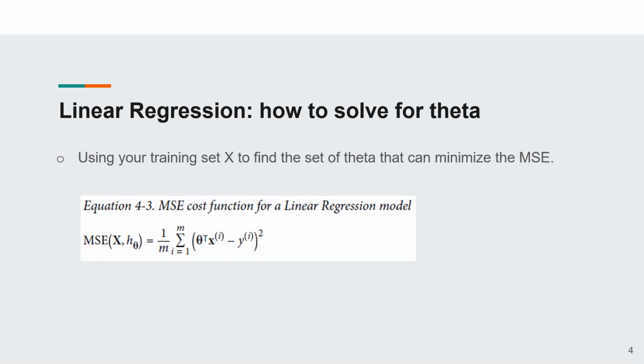The way that you want to do this is you use your training set X to find the set of theta that can minimize mean squared error. Mean squared error, MSE, is the cost function for a linear regression model. It is 1 over m, summing over observations from 1 all the way to m, each one of them theta transpose times xi minus yi.